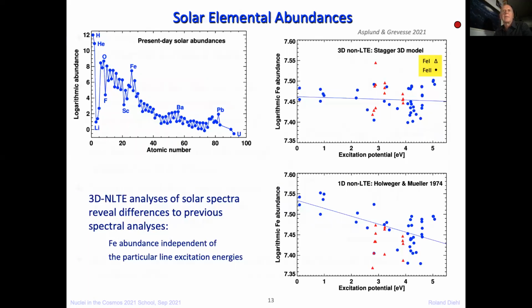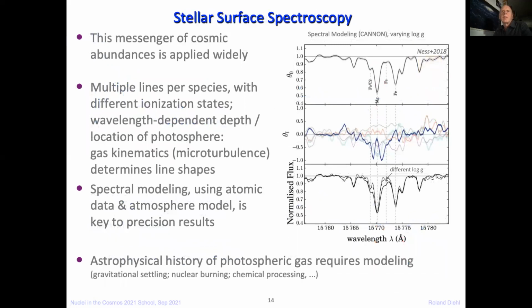Now, stellar surface spectroscopy is plagued with these problems of line shapes, and this shows an example of the observed normalized fluxes in a measurement from a star different from the sun. This is an example training a library of a spectral modeling tool that is used to analyze those spectra.